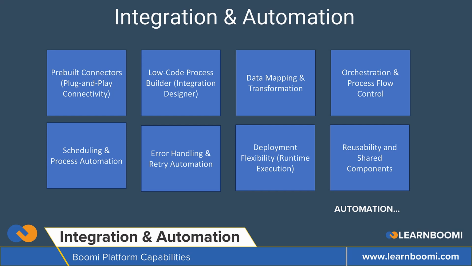You can schedule like a cron job. Then you have real-time invocations, which means a process can start via REST or SOAP calls, not API management, just the invocation of a REST or a SOAP call. Then applications or systems can call Boomi directly to trigger a process. What is the purpose? You can automate data synchronization, system update, business process without the manual involvement.